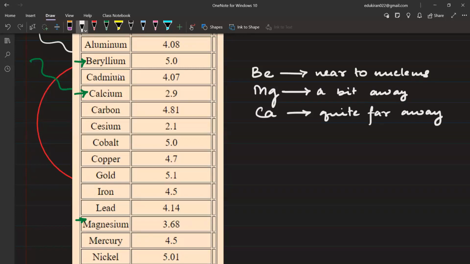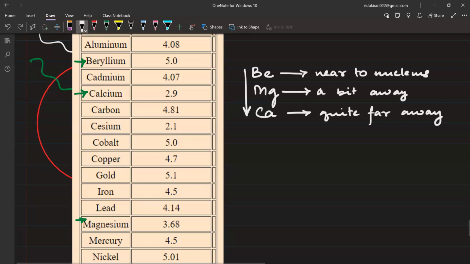Correct, guys? And if you see the sequence, this is the same sequence as in our modern periodic table. Beryllium has a small size, and the outermost electron is nearer.